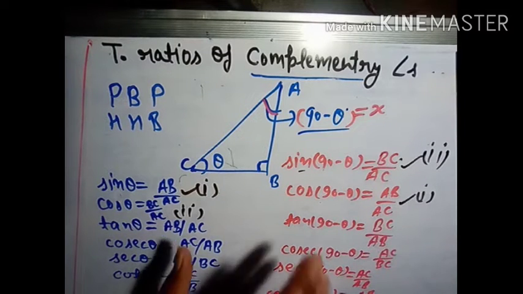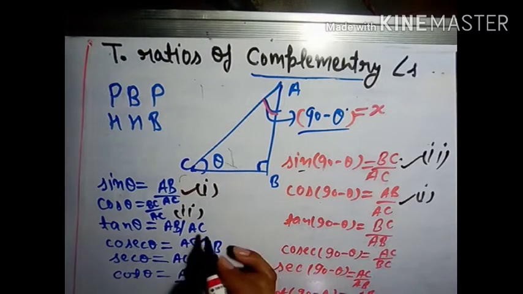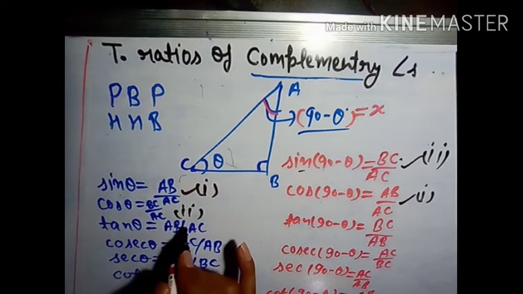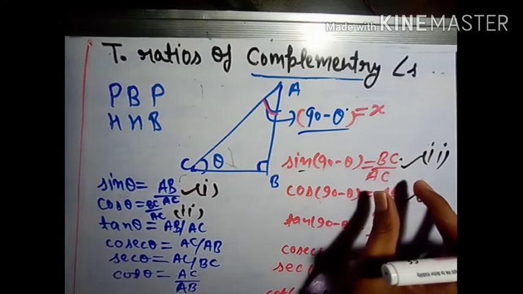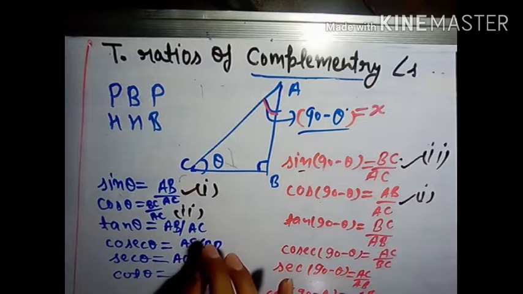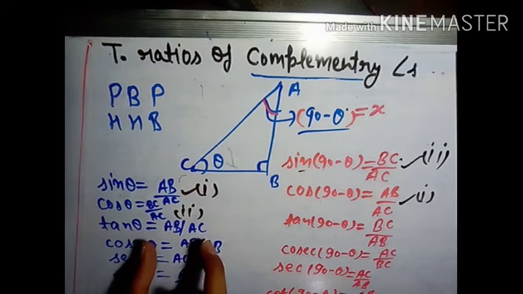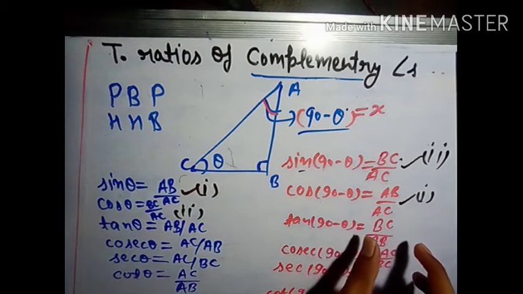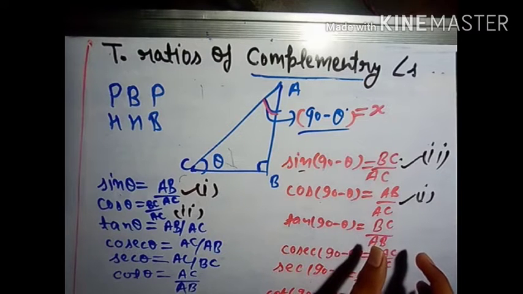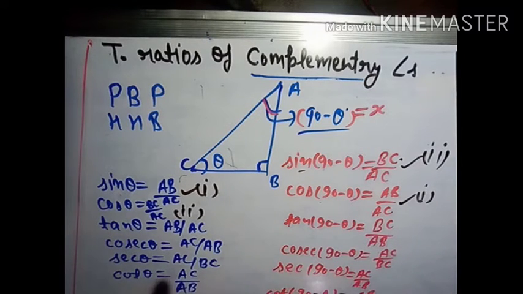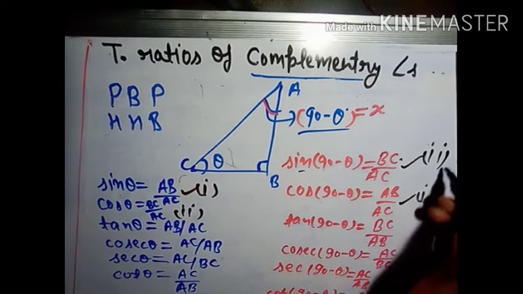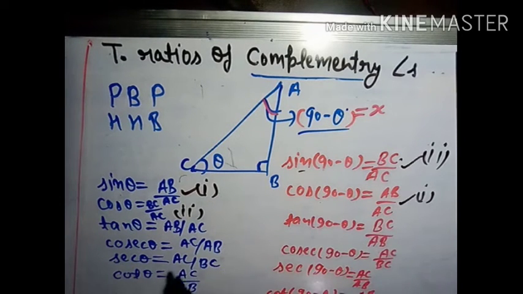Okay, similarly if you find all the values chosen from here, you will find in this series that for every value there is a matching pair. Do you understand? Similarly you can match all the pairs.